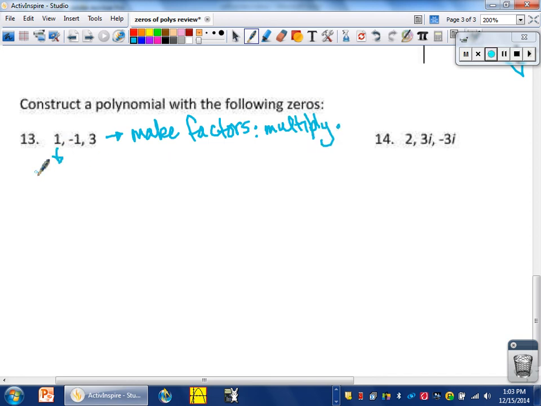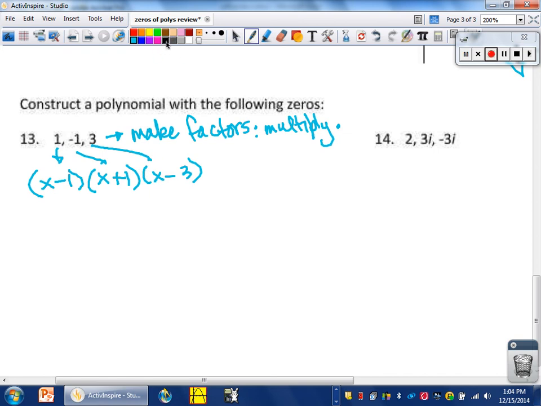So a positive 1 zero has an x minus 1 factor. A negative 1 zero has an x plus 1 factor. And a positive 3 has an x minus 3 factor. So your factors are always the opposite signs of your roots.